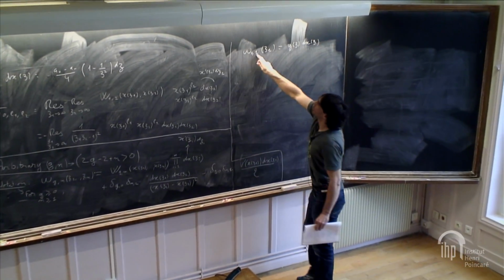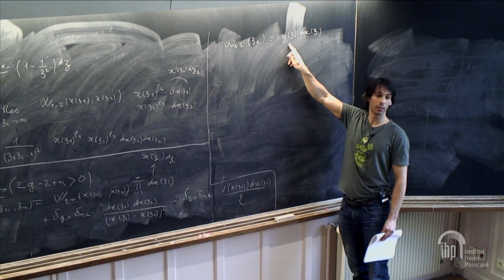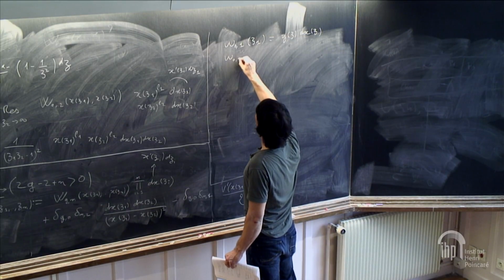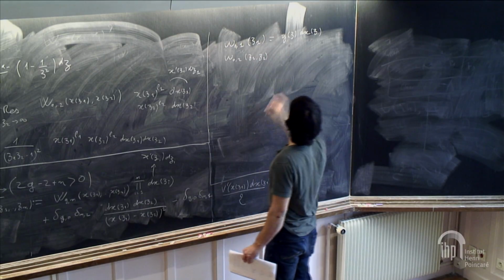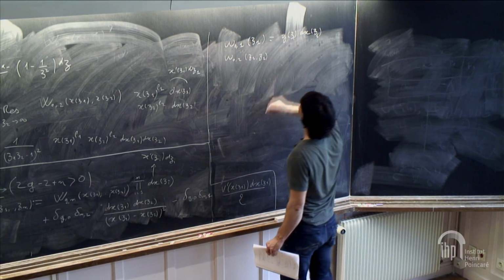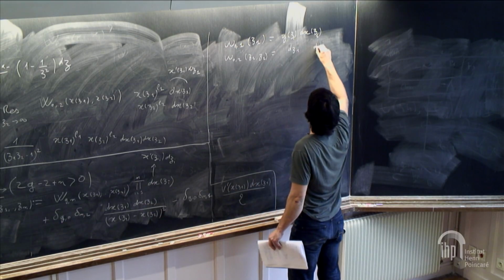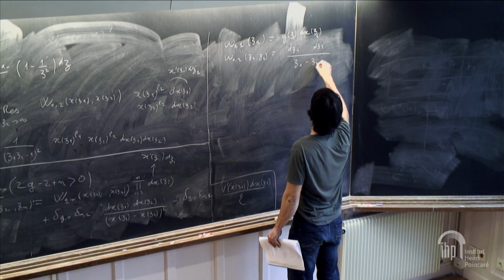We have shown that omega 01 of z1 could be written under this form, where the function y of z was written last time. And omega 02 of z1, z2 is equal to, I just take what is written there, dz1 dz2 divided by z1 minus z2 squared.